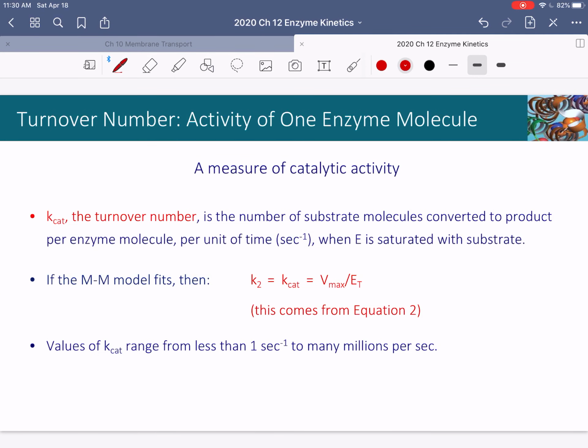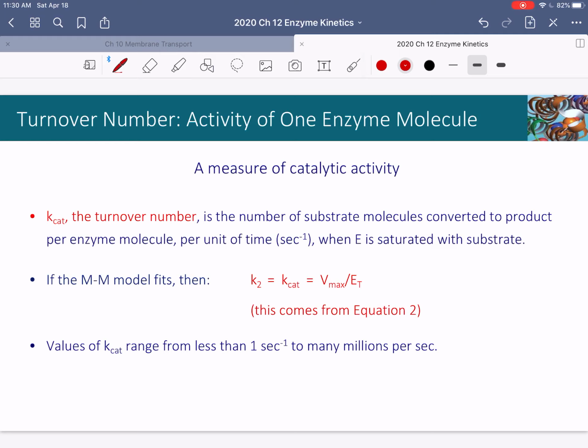Let's talk about Kcat. Kcat is the activity of one enzyme molecule. It has to do with that second step, the chemistry of the reaction. So going from the ES complex to E plus P is described by the rate constant K2. And K2 is equal to Kcat.